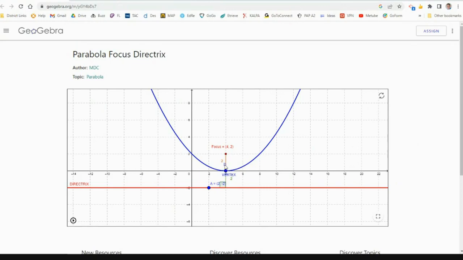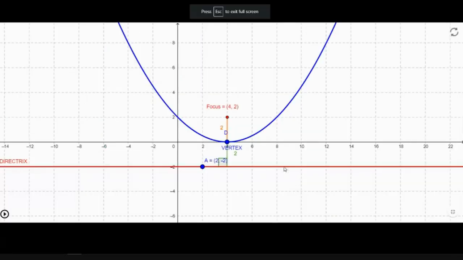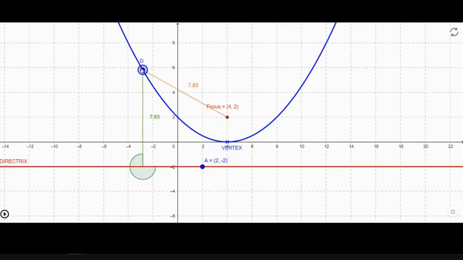Our p is 2 in this one that we have on the screen. 2 is the p in the equation, because that's the distance from the vertex to the focus, also the distance from the vertex to the directrix. So that distance is the p.